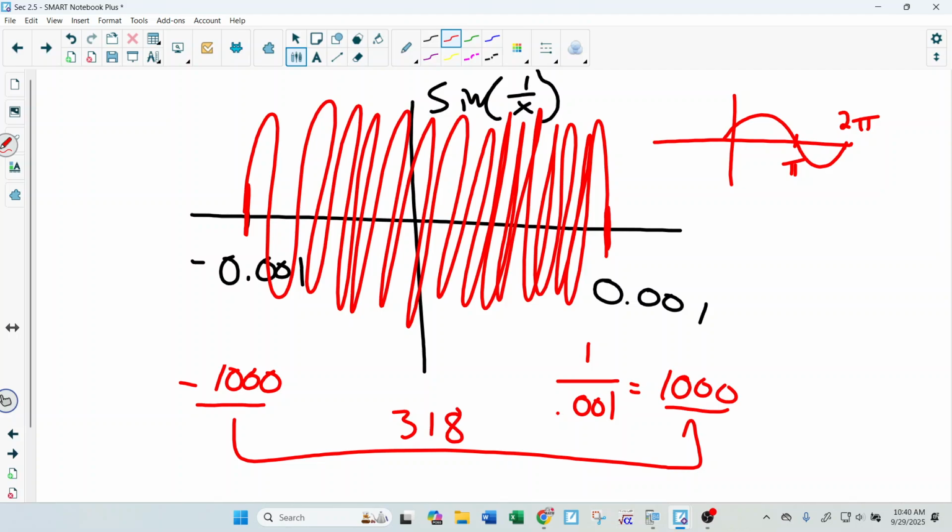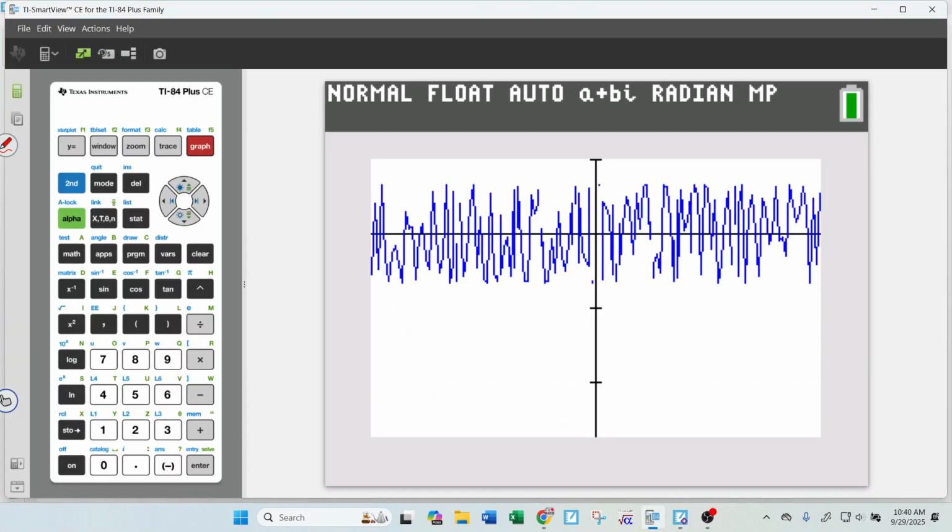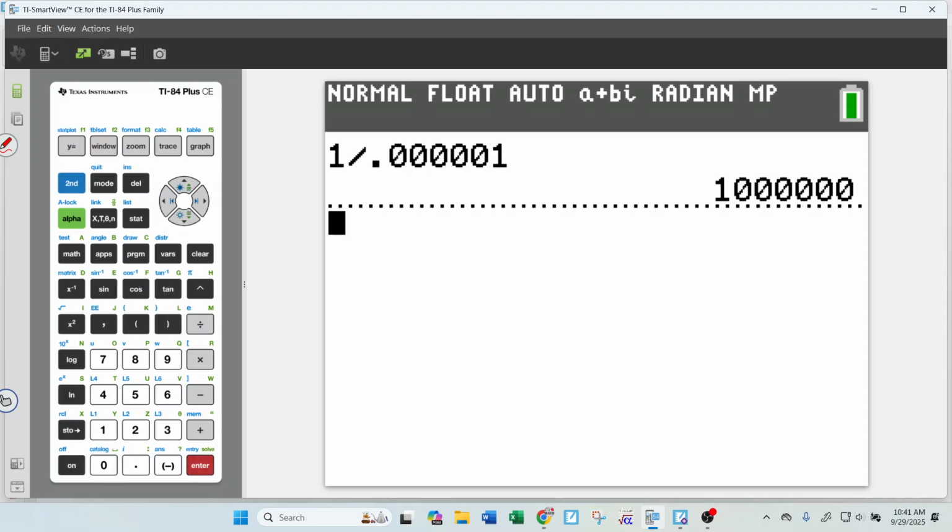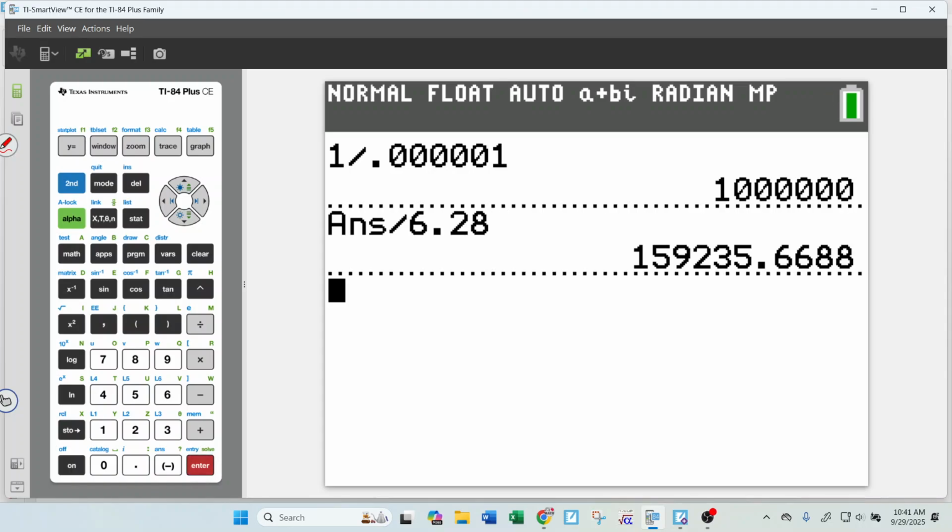And here's where it gets even crazier. Think about if we went somewhere smaller. 1 divided by 0.000001. And you divide something like that by 6.282 pi. The closer you get to 0, look how small that is on your graph. Think about where 0.00001 is, and then the origin to 0.